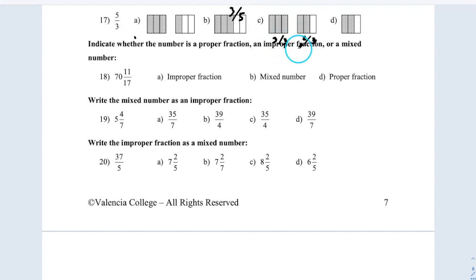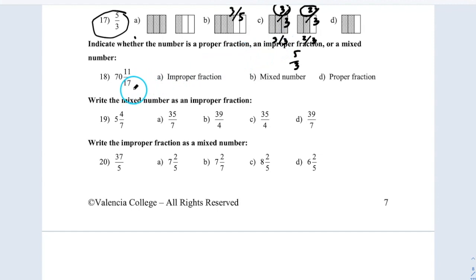So 3/3 and 2/3 is 5/3. I can put it as a full unit, or I can say that I have 3 out of 3, and here I have 2 out of 3. And how do I add fractions? I add the numerators, 2 and 3 is 5, and I keep the same denominator.